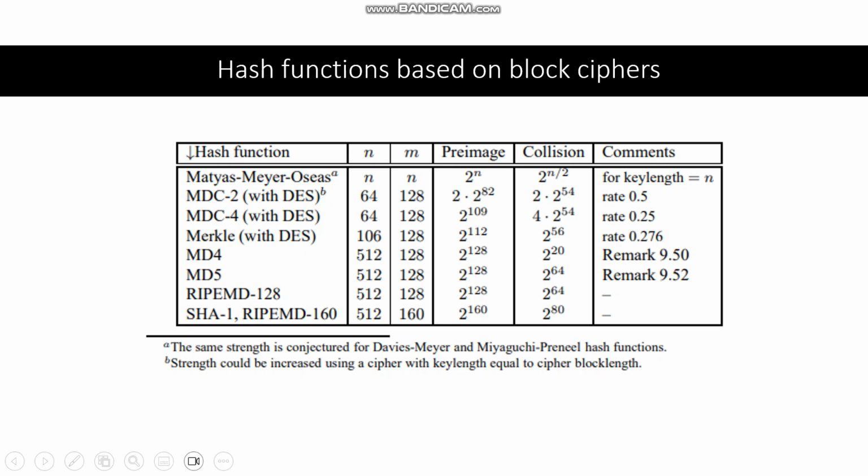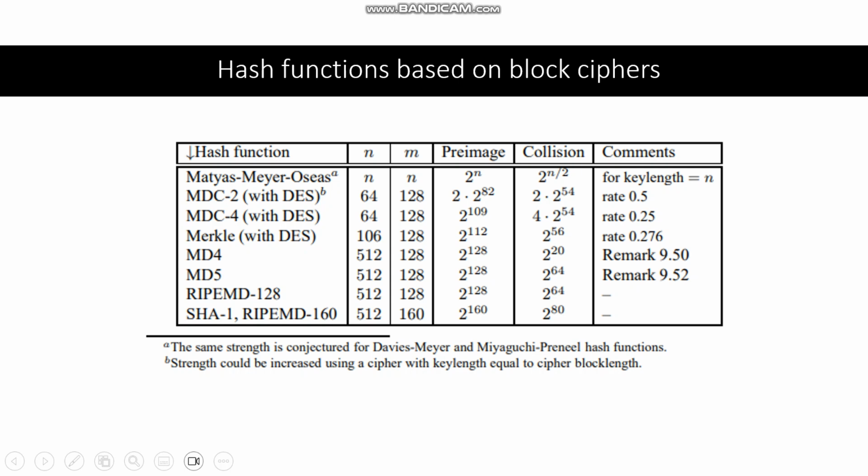Here, for this column, we also see the comments column. For the Meyer hash function, we use bit size n as the key length. For MDC2, the rate will be 0.5. For MDC4, the rate will be 0.25. For Merkle, the rate will be 0.276.